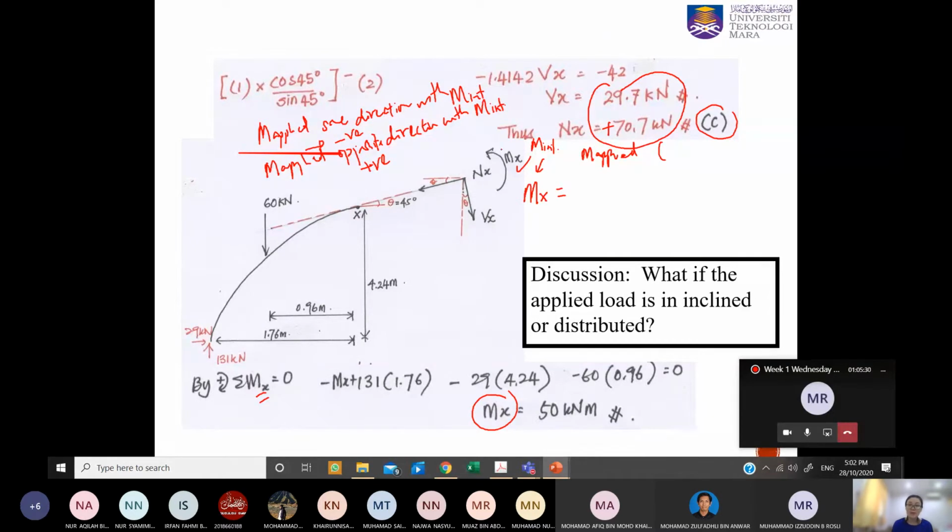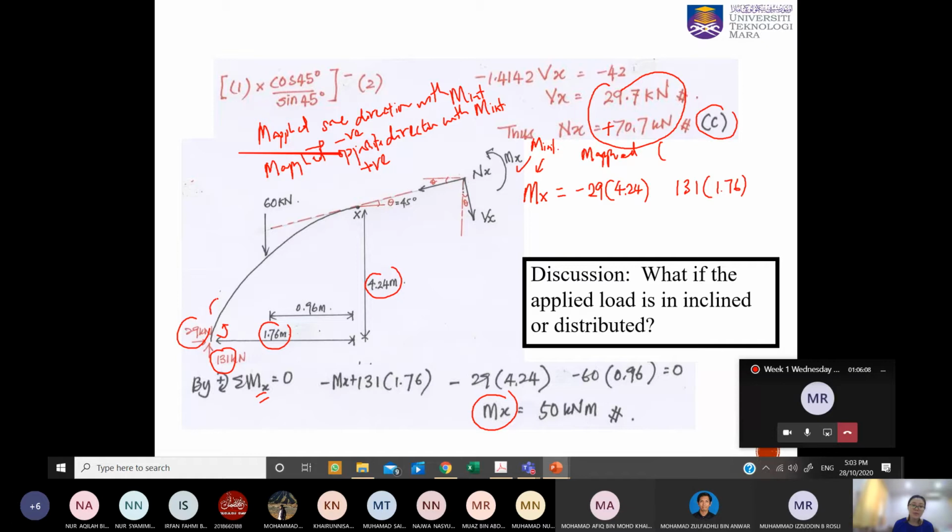So now my M applied comes from 29. Let's see, 29 and the perpendicular distance will be 4.24. This is acting counterclockwise, so it is the same direction as my internal moment, so negative. Then I take 131, and the distance to x will be 1.76.